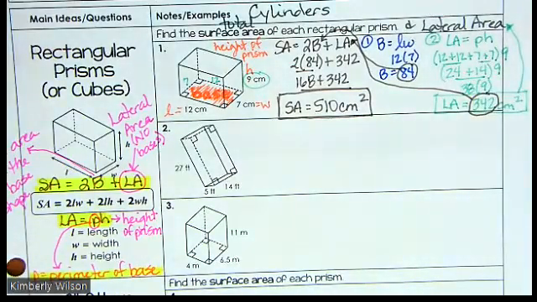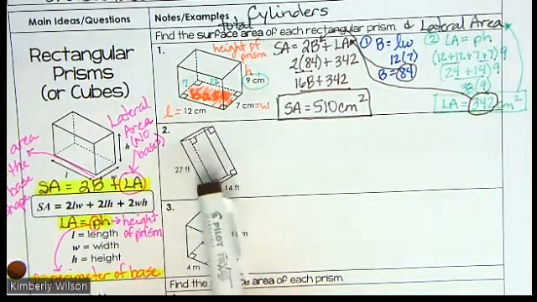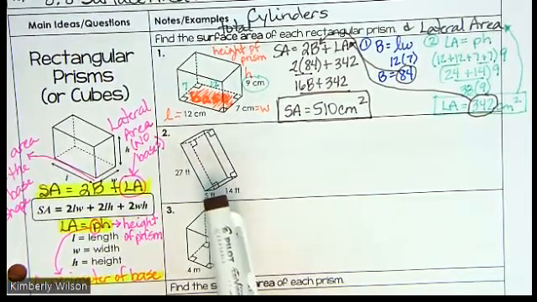Okay, that's the rectangular prism. Now we're going to move on and we're going to talk about the triangular prisms. Okay, remember that the base is not always the bottom. When we're looking at this, there's not really a bottom, but it doesn't matter which side you label as the base.